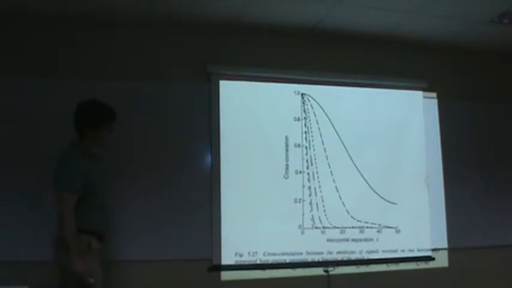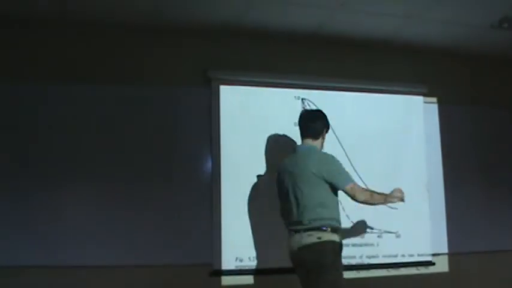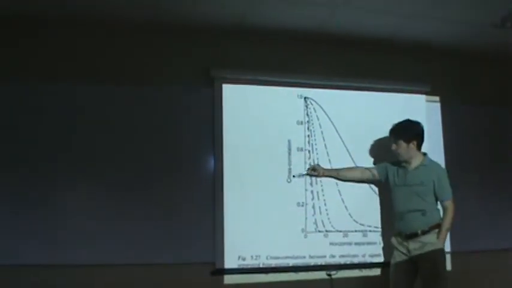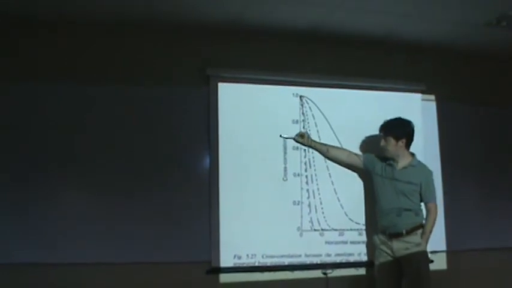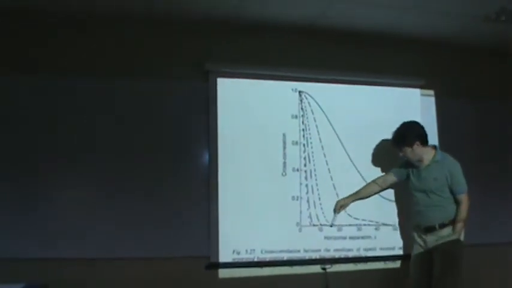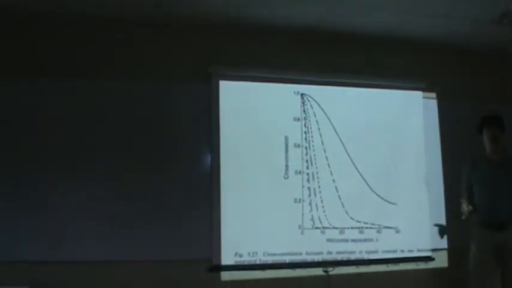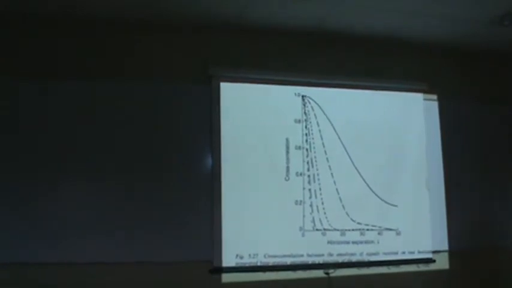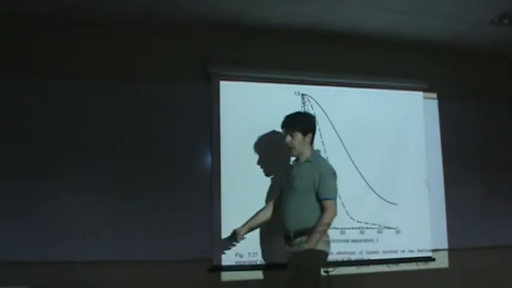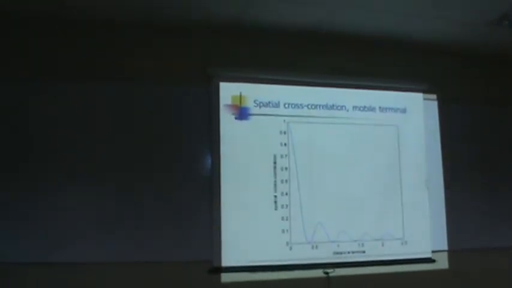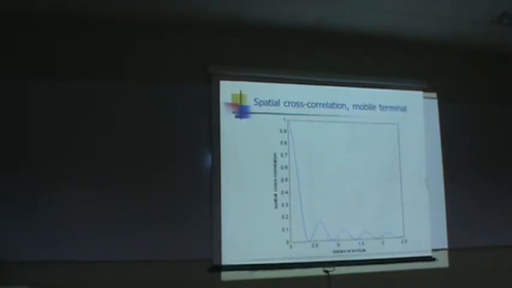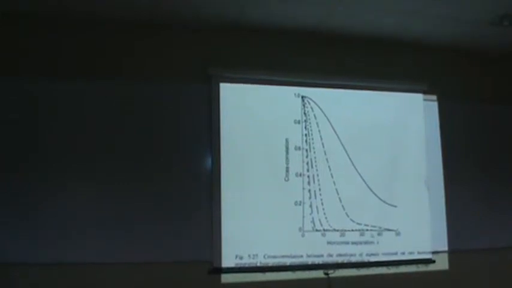This result is the cross correlation as a function of distance in wavelengths, number of wavelengths. In the case before, we had fractions of a wavelength, one wavelength, two wavelengths. In this case, we are talking 10, 20, 30, 40 wavelengths.